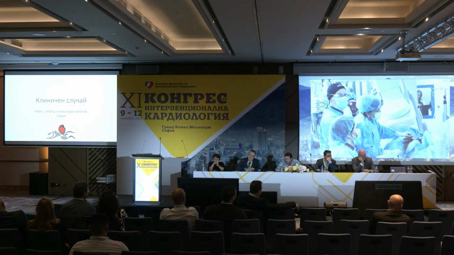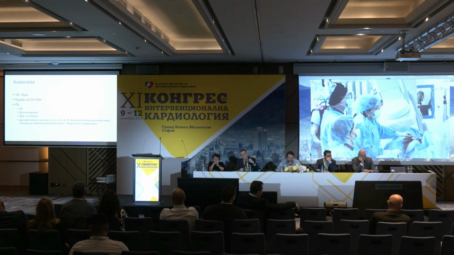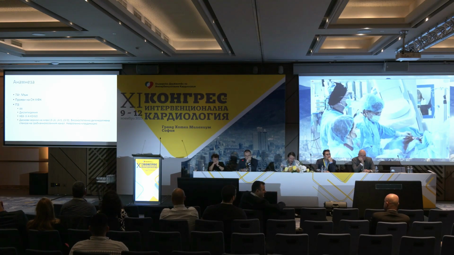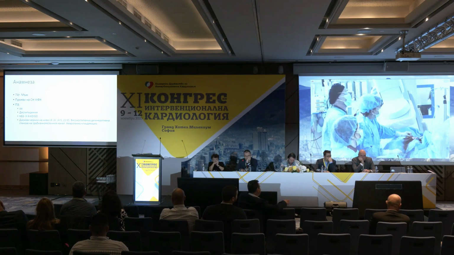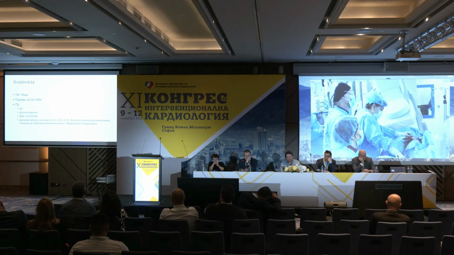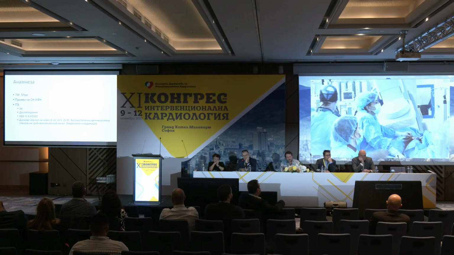Good afternoon, colleagues. I'm going to present you a clinical case of a 74-year-old male with heart failure, NYHA third grade, with comorbidities: arterial hypertension, dyslipidemia, chronic kidney disease, and severe immobilization due to neurodegeneration.